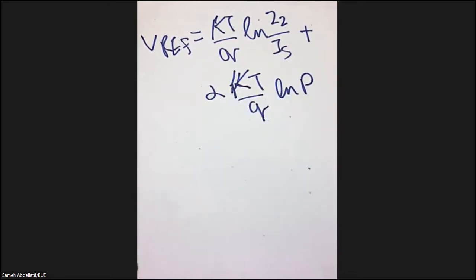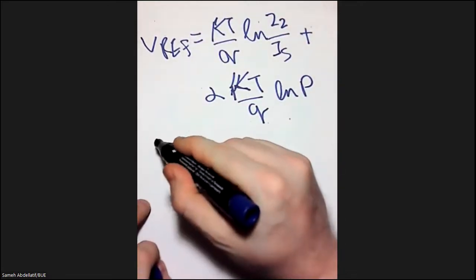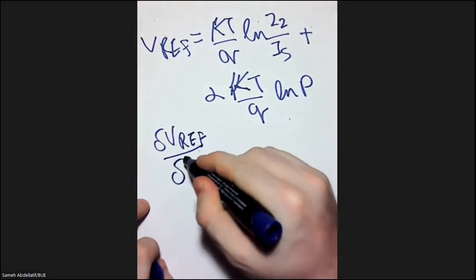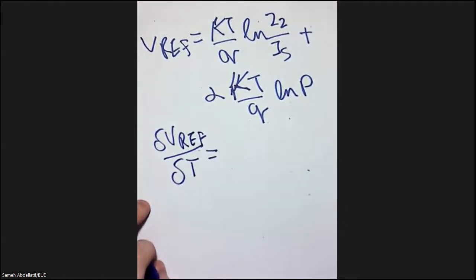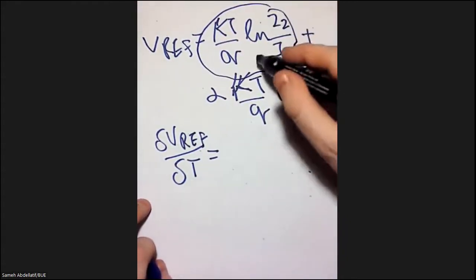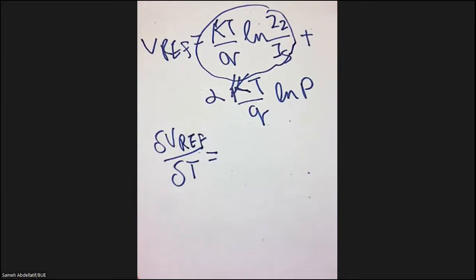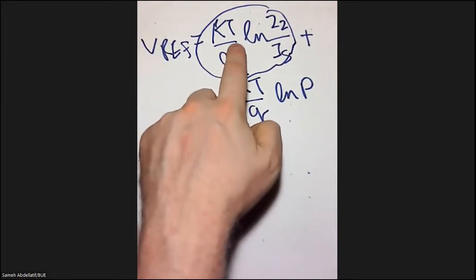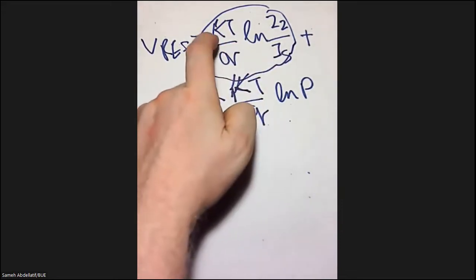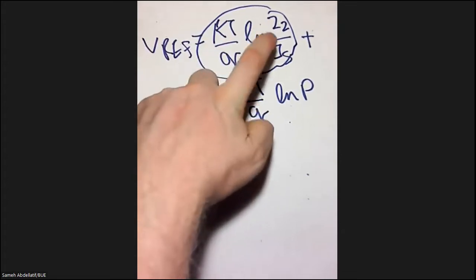Whenever you start to differentiate this equation, so partial V reference by partial T, or by partial temperature, it is very difficult to differentiate these two. Maybe one of you told me, it's not difficult. We only have a temperature dependence here. So we just differentiate K over Q ln I2 over IS.